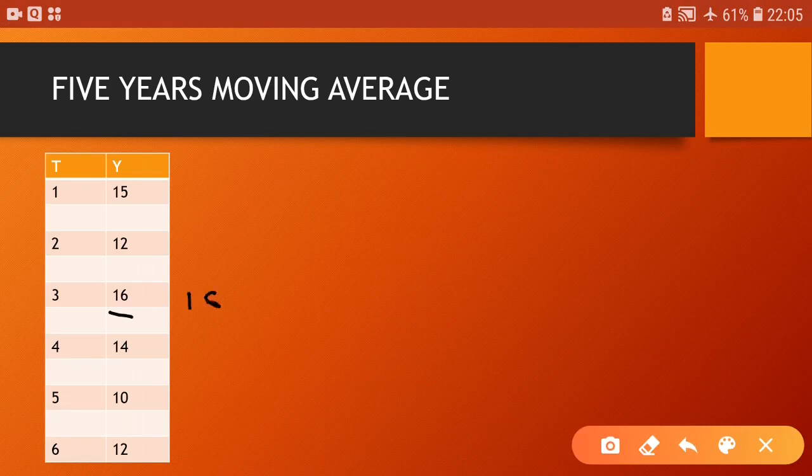So I have taken 16 plus 2 up, 15 plus 12. So it is 16 plus 15 plus 12 and 2 down, 14 plus 10. So this 5 years total is 16 plus 15 plus 12 plus 14 plus 10.